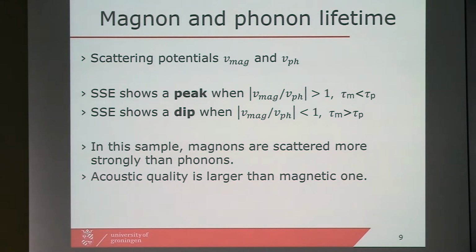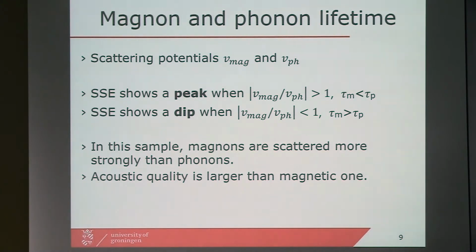And now the explanation for their observations relied on only one parameter, which was the ratio between the impurity scattering potentials for magnons and phonons, respectively. So they found that the local spin-Seebeck effect shows a peak when this ratio is larger than 1, or in other words, when the magnon lifetime is shorter than the phonon lifetime.